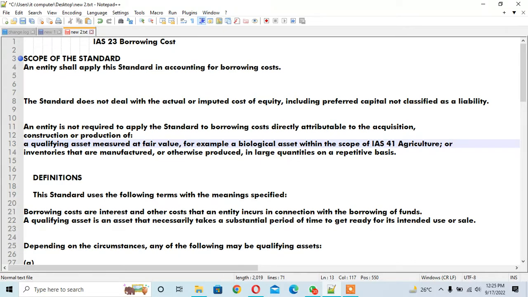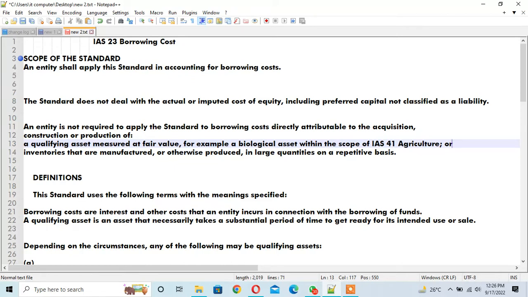When we borrow something from someone, for example, if we borrow money from a bank, the cost that we are supposed to pay on that borrowed amount is called the borrowing cost, which is studied in the IAS 23 accounting standard. International Accounting Standard 23 deals with these types of charges which we pay on our debt.